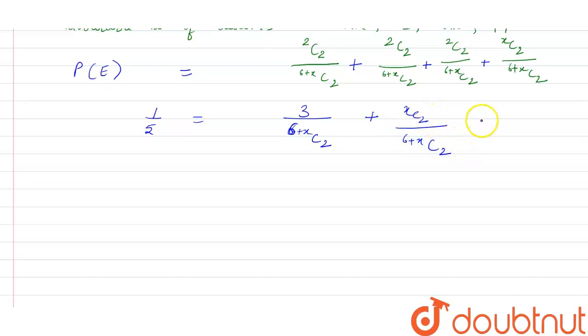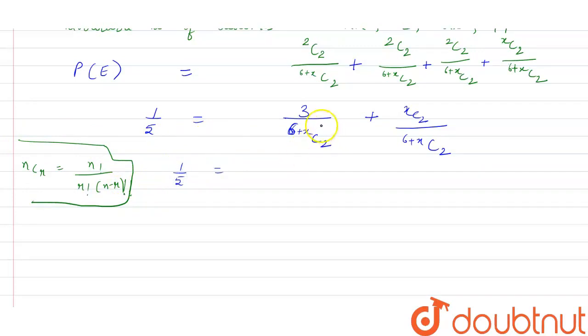Now what is the formula for NCR? We know that the formula for NCR is n factorial upon r factorial into n minus r factorial, right? So we'll be using this formula in this equation for solving this 1 upon 5.